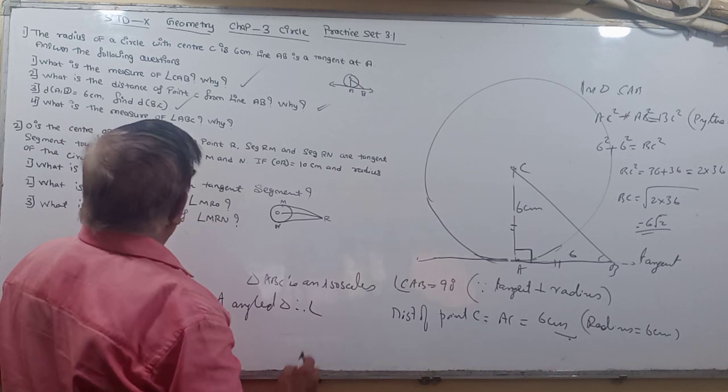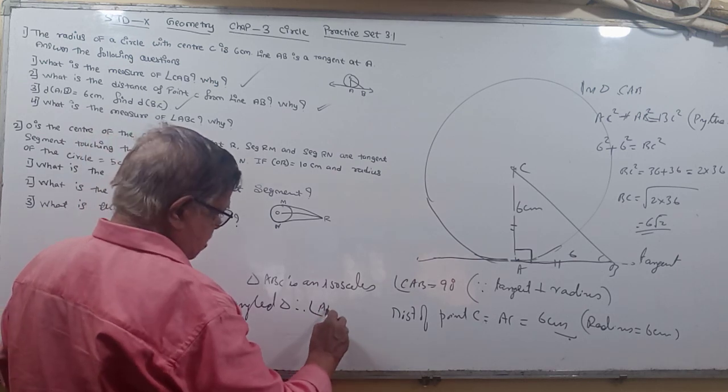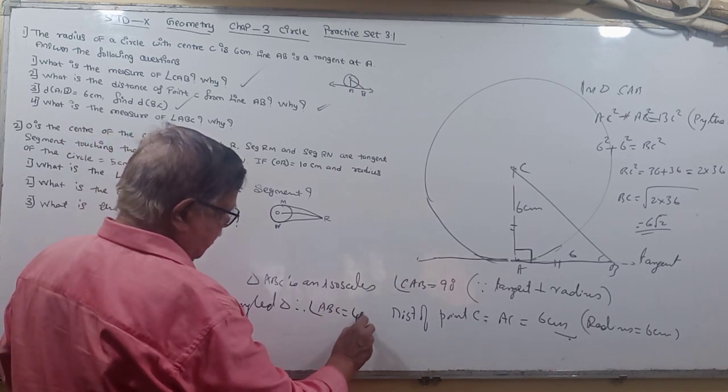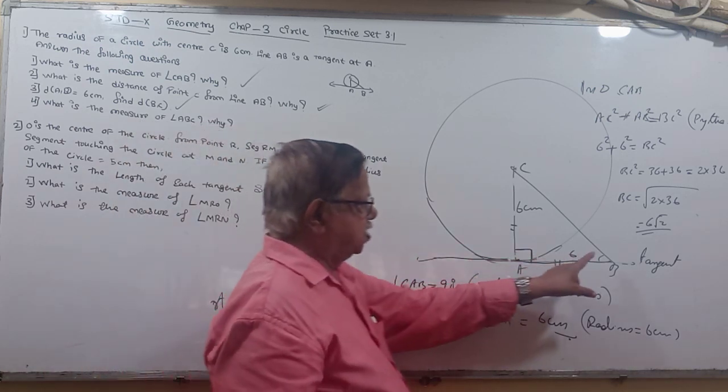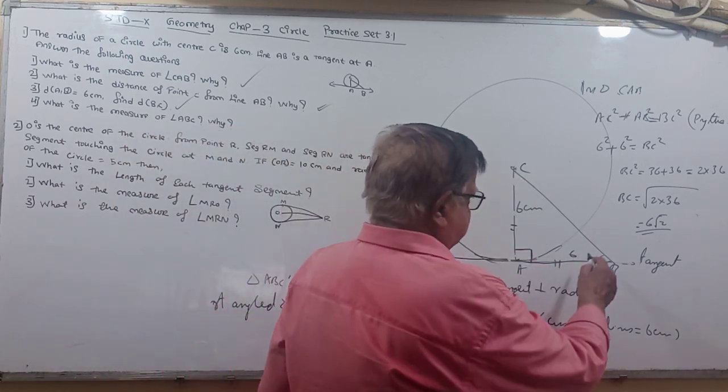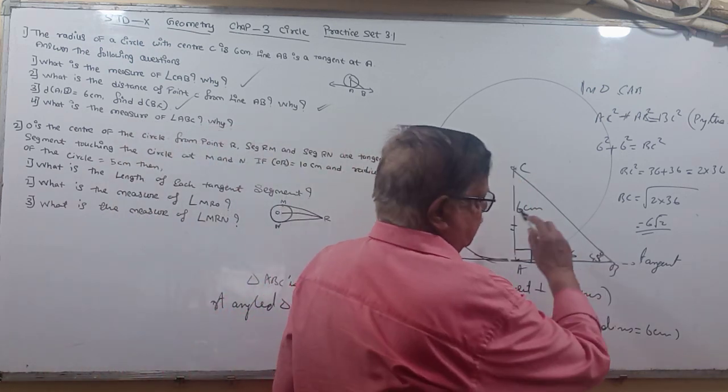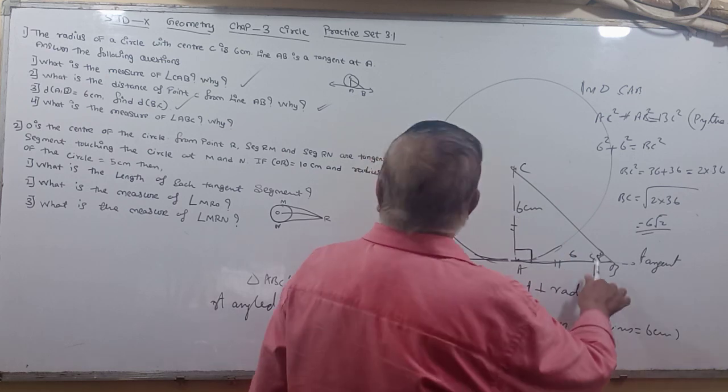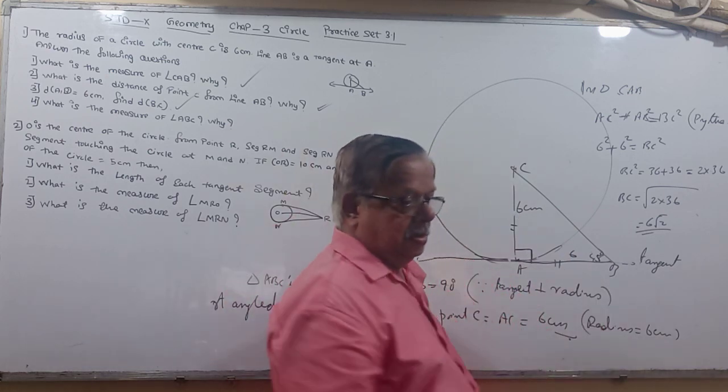Therefore, angle ABC is equal to 45 degrees. This is a 45, 45, 90 triangle. This angle has to be 45 degrees. That is done.